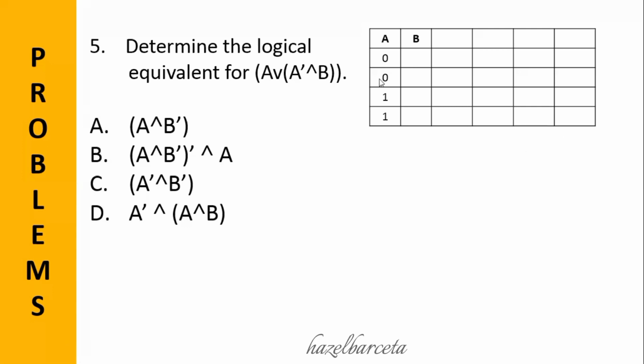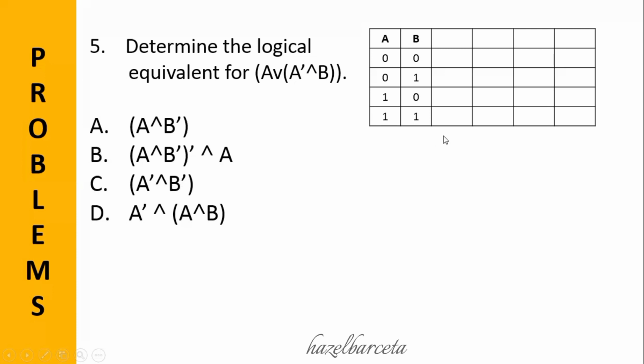Basta lagi pong mauuna si 0. Dito, kalahati po ng ating number of rows total, then divided by 2 until ma-distribute na po natin sa lahat ng values. Okay? So, dito, magiging alternate na po, 0, 1, 0, 1. Okay? So, here, by inspection, we have A prime and B prime.